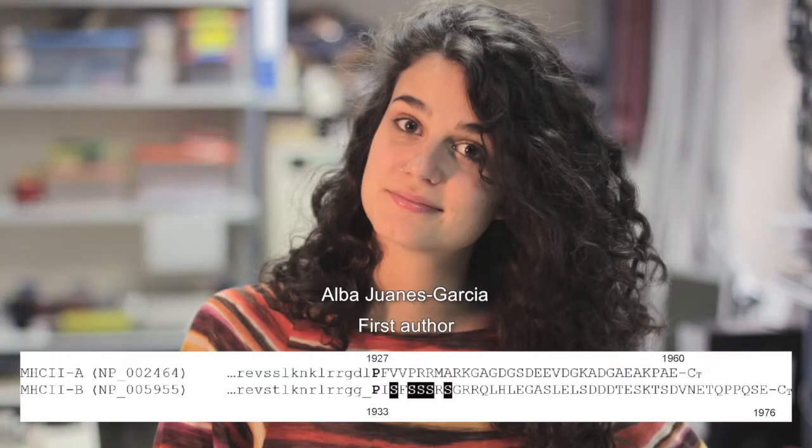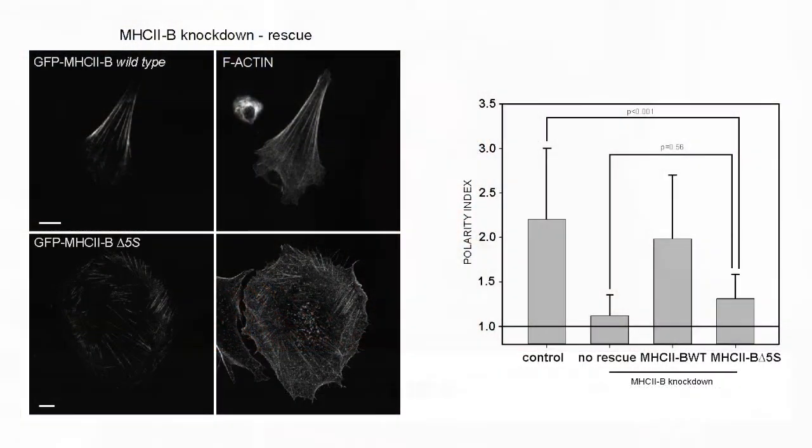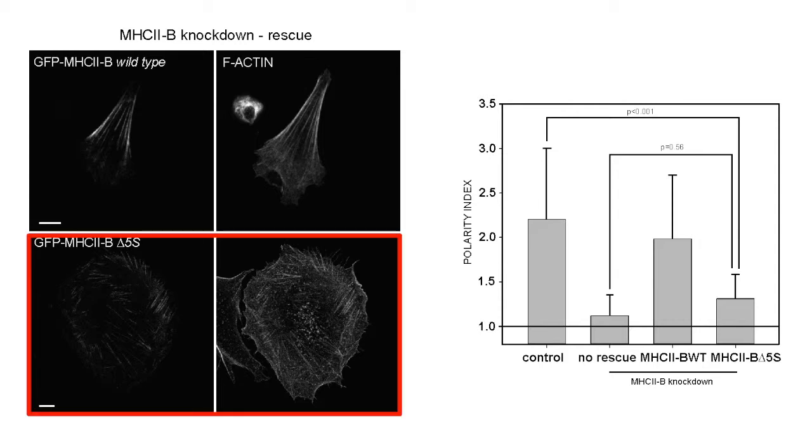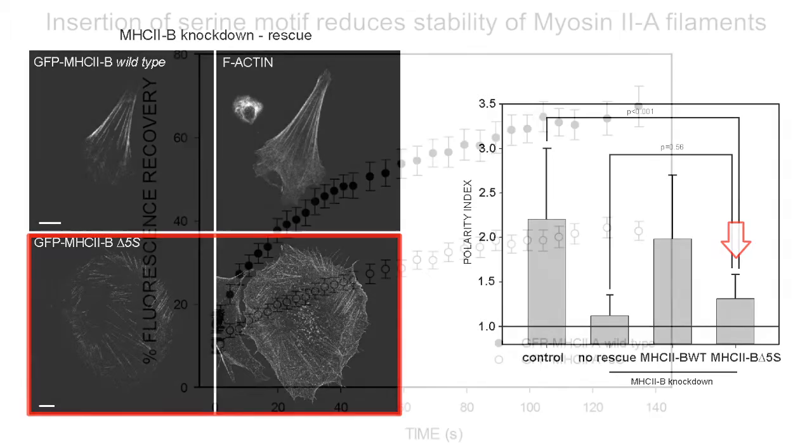Vicente and colleagues, led by graduate student Alba Juanes-Garcia, focused on a cluster of serine residues present in the non-helical tail domain of myosin heavy chain 2B, but absent from the equivalent region of myosin II-A. A myosin II-B mutant lacking this motif was unable to form stable actomyosin bundles, and was thus unable to restore front-rear polarity to myosin II-B deficient cells.